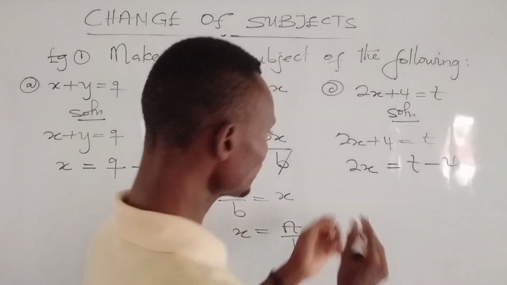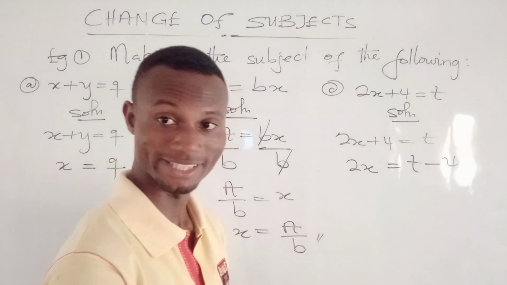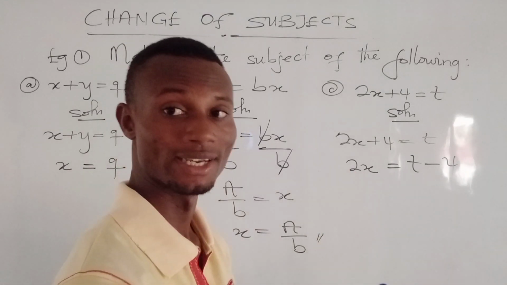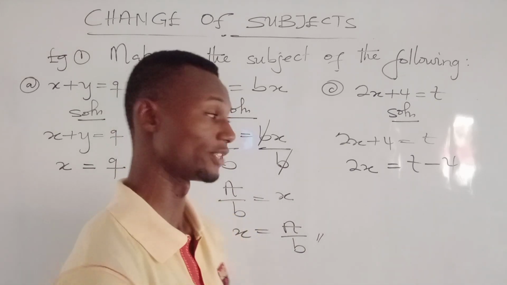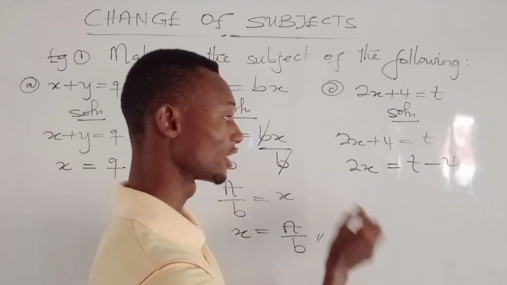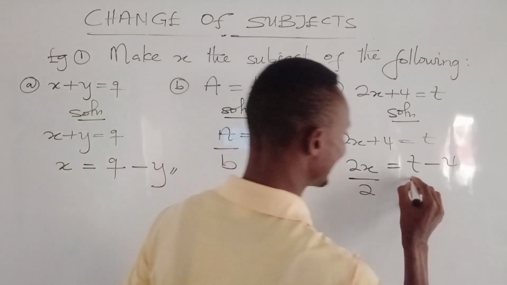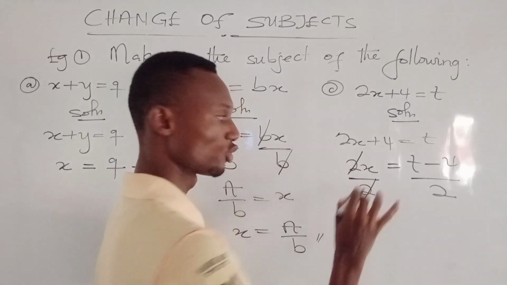Now we have to get rid of this 2 multiplying the s. Since the 2 is multiplying the s, for us to get the s to stand alone, we divide through the equation by the coefficient of the s, and the coefficient of the s is this 2. So I'm going to divide here by 2 and this also by 2, so that this 2 and this 2 can cancel.